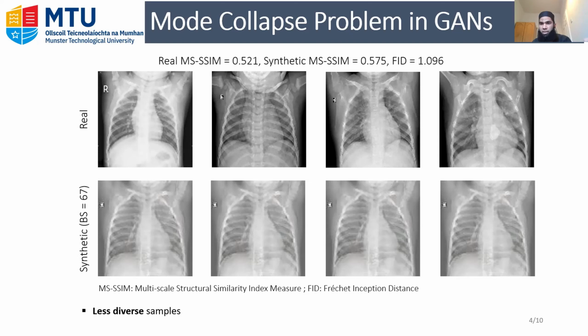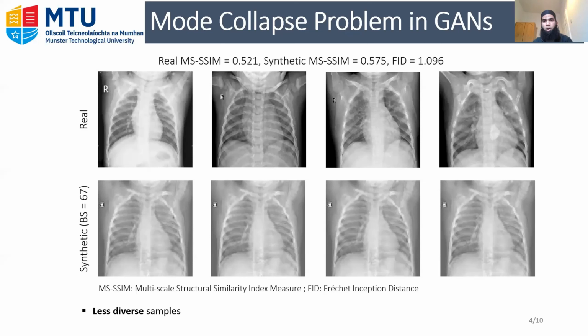We quantify the mode collapse problem using the multi-scale structural similarity index measure, and we quantify the diversity of synthetic images using the FID score. And we can see that we measure the real MSSIM score as well as the synthetic MSSIM and FID.